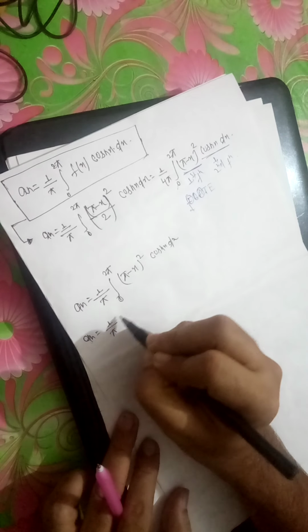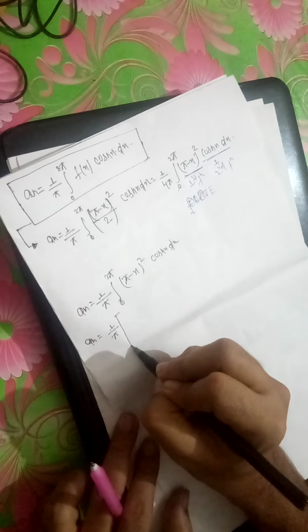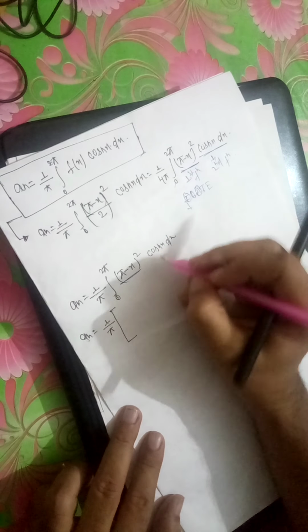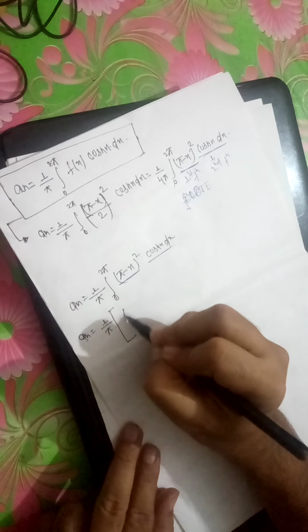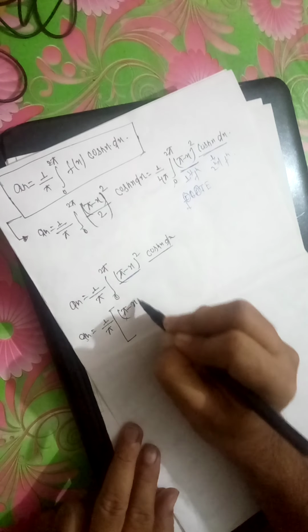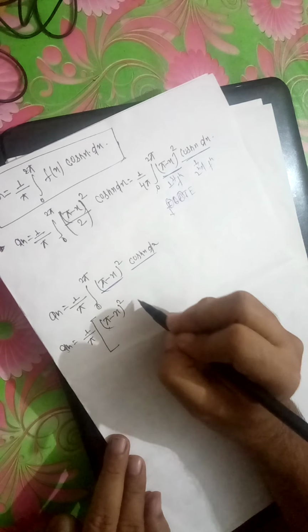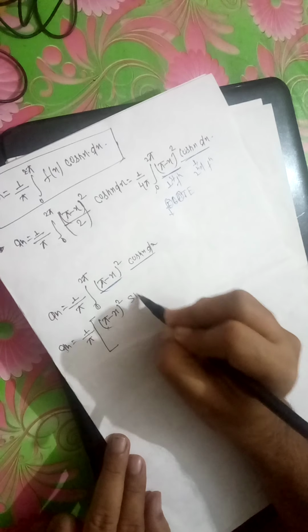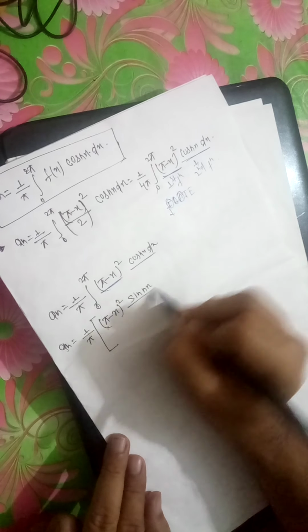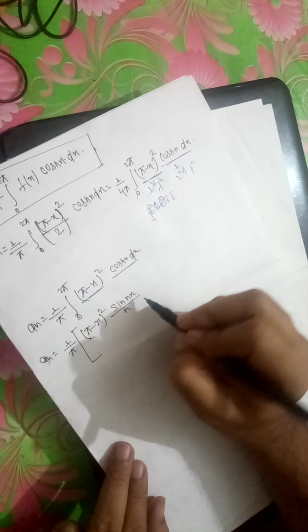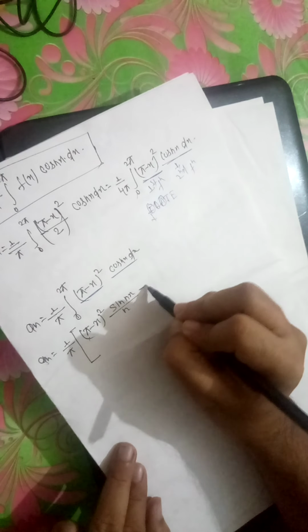First function we keep as it is, and we integrate the second function. What is the first function? Pi minus x whole square. What is the integration of cos nx? The integration of cos nx is sin nx divided by n. Then we will change the sign. The signs here are plus, minus.